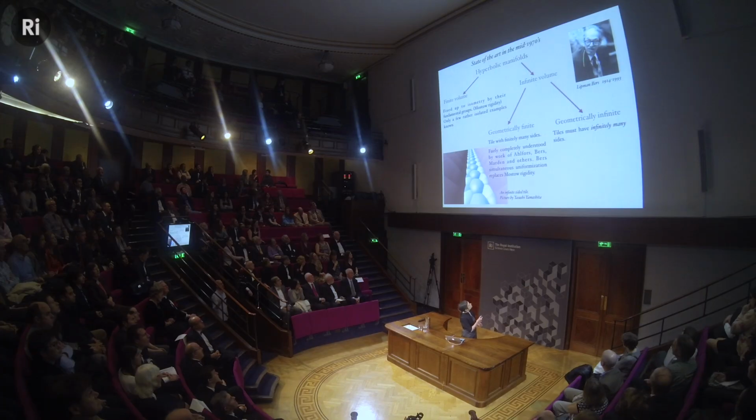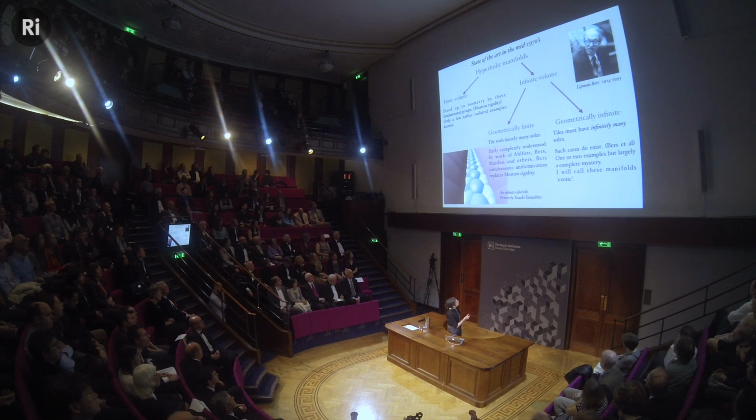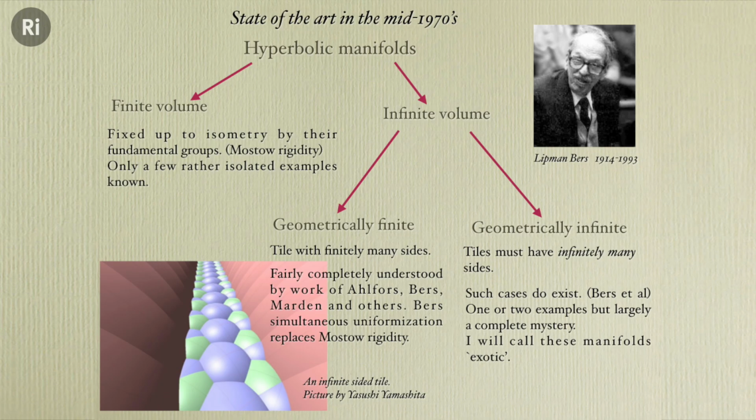Originally he worked on fluids, but he got drawn into this subject. So there weren't many examples, but we understood something. These were a complete mystery, except Bers and the work of a few other people said there must be some funny things which don't fall into this category. So there are some that we don't really know anything about at all.